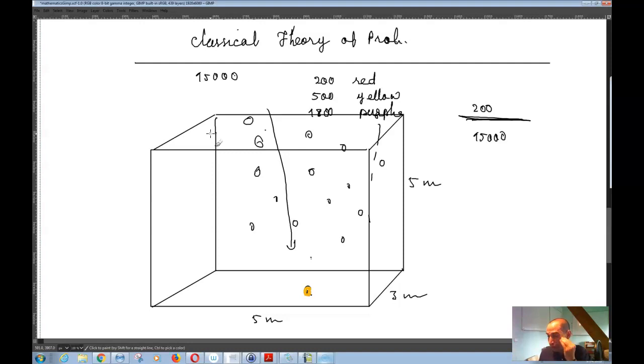Thus, another theory of probability was developed by A.N. Kolmogorov, a Russian mathematician, in 1933. So basically his name is A.N. Kolmogorov.